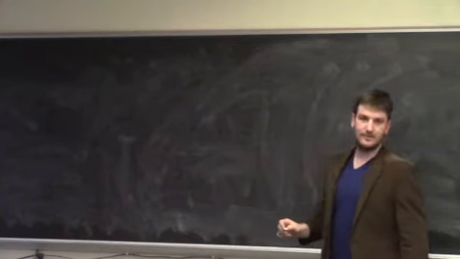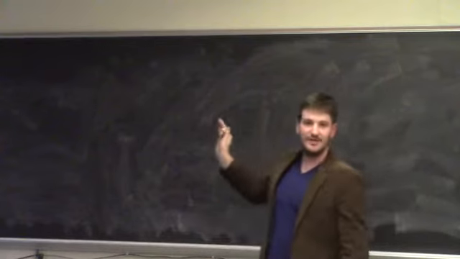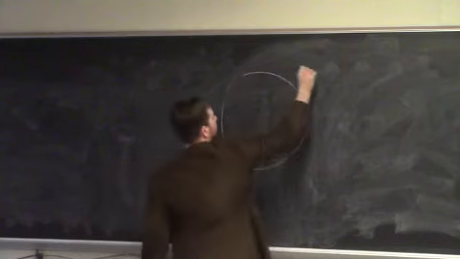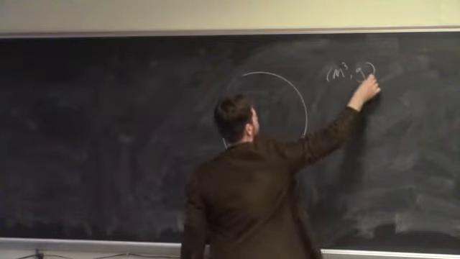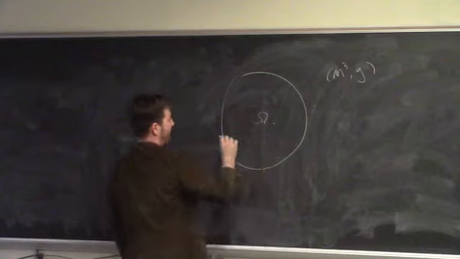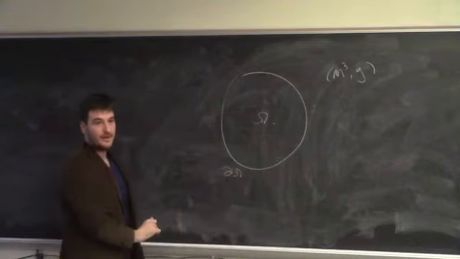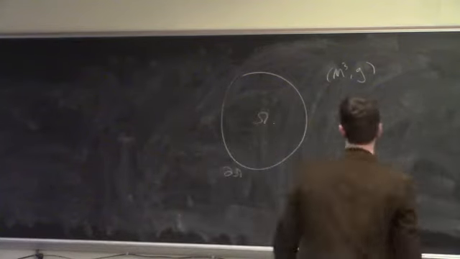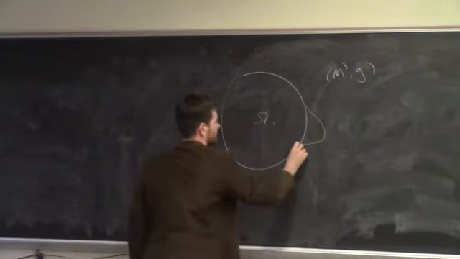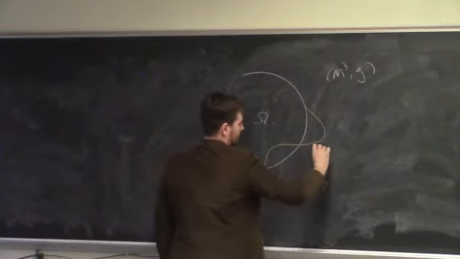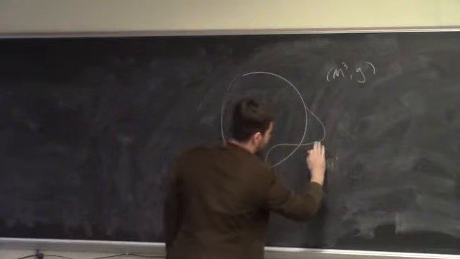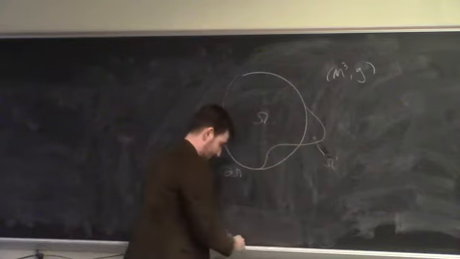So the surface of a region, you mean? In dimension minus one. Yeah, for me, let's stick with 3-manifolds. Here's a region omega and its boundary.